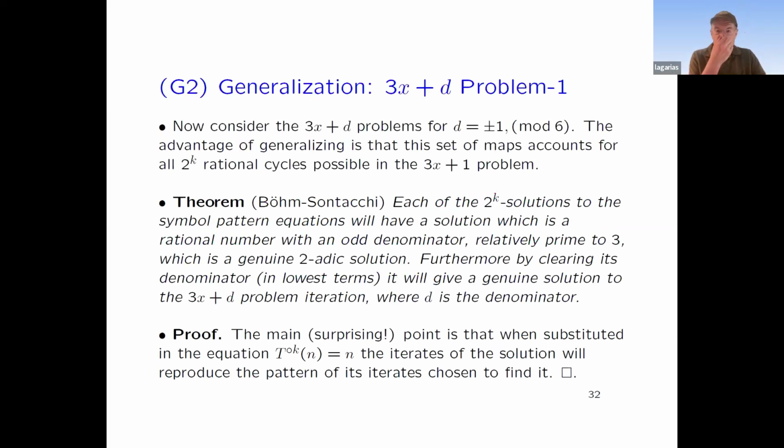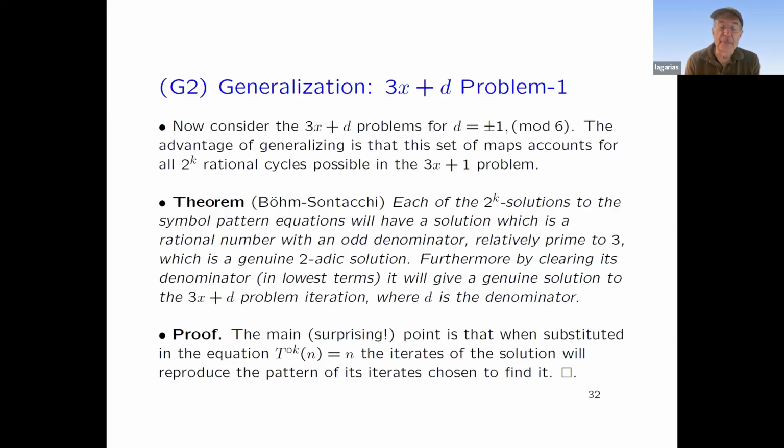I'm going to say something about the 3x plus d problem. This was the theorem. It says the 2 to the k solutions all occur with a rational value. And if you clear out the denominators of these rational cycles for 3x plus 1, you will get an integer cycle for the 3x plus d problem, where d is the denominator that you cleared out.